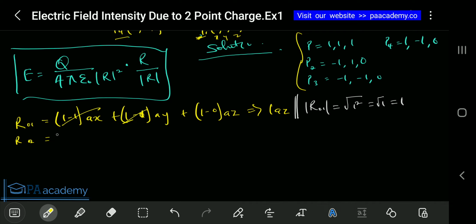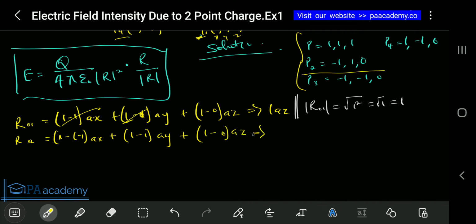Okay, so for this now, for 2, we are going to be having 1 minus 1 AX plus 1 minus 1 AY plus 1 minus 0 AZ.